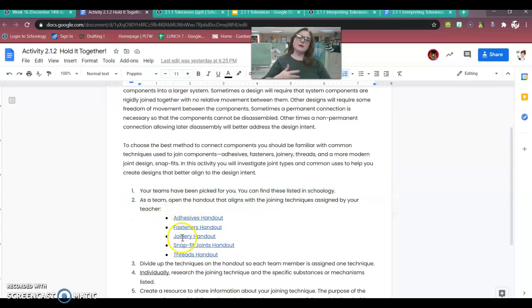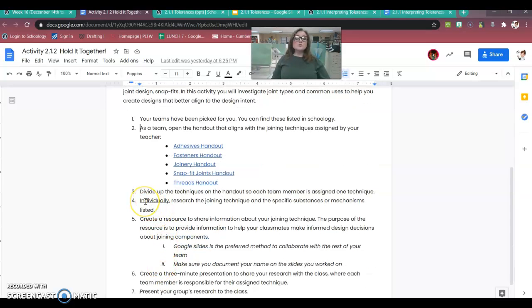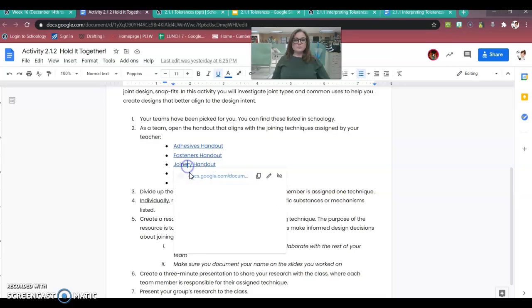As a team, you'll find the joining technique that your group was assigned, and then you were individually assigned a subcategory of that technique. You are going to research that specific technique. Depending on which one you have, you'll open up the attachment that belongs to your group. Let's say you've got joining or joinery.